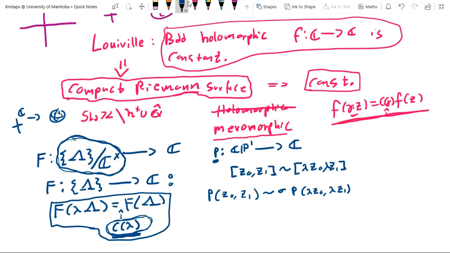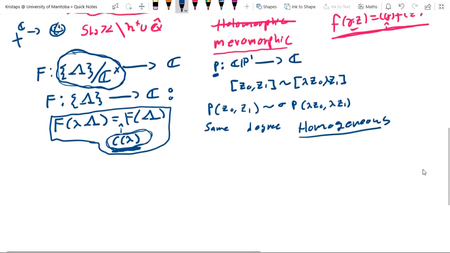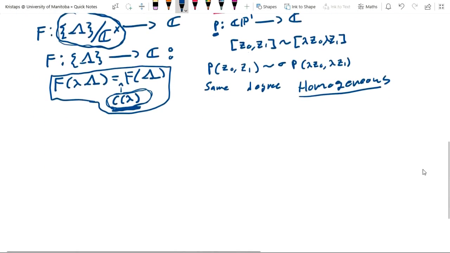So how will I obtain this? This won't be true in general. If you write down some polynomials, you'll find this isn't the case. But if every term has the same degree, that is, if the polynomial is homogeneous, then notice what will happen. We have p evaluated at lambda z0, lambda z1.